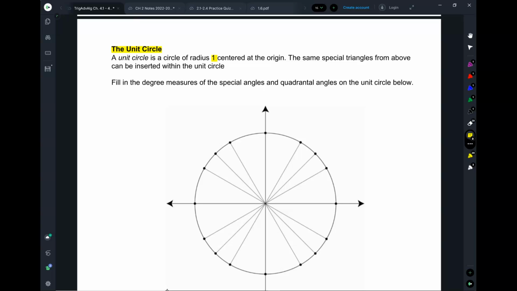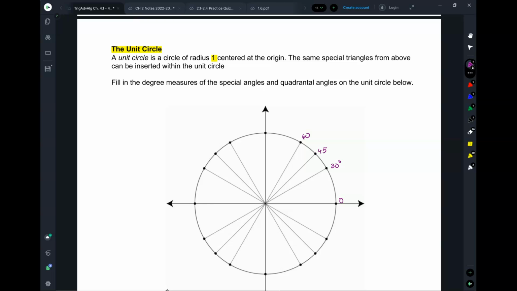All right, so we're going to start with the degrees first. So this is 0 degrees, right? The first one up is the 30 degrees, then 45, then 60.